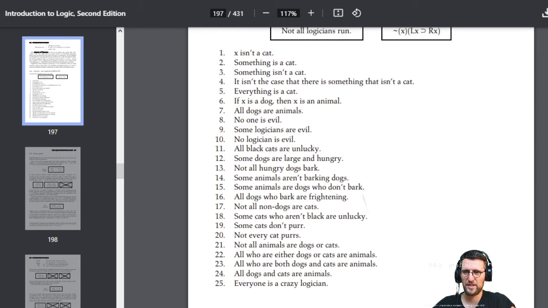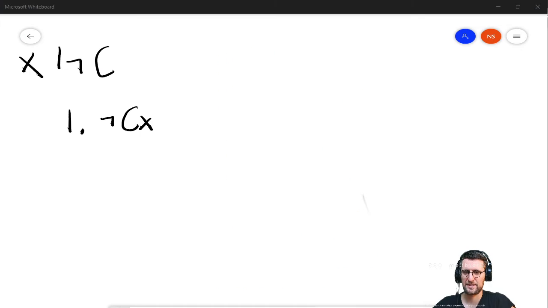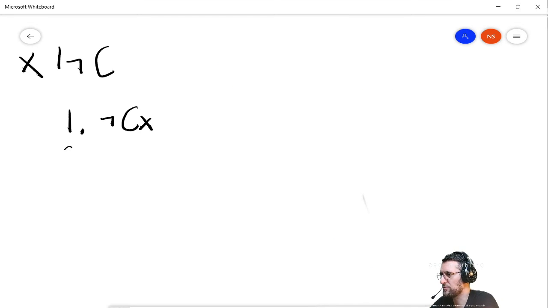So something is a cat. I think here we can write there exists something. So there exists an X. Wait, I shouldn't write the brackets, right?